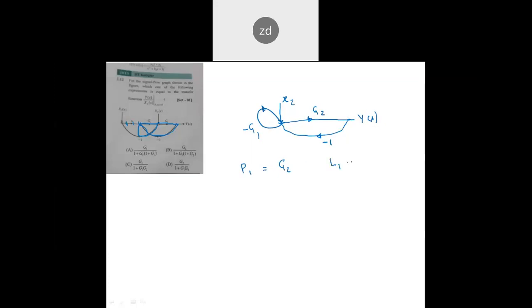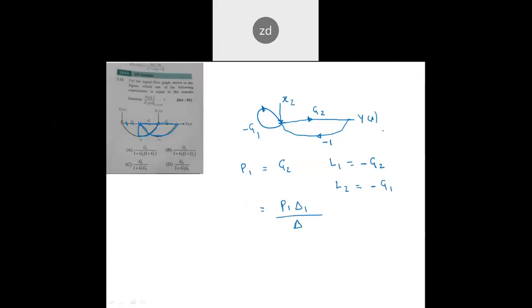Now loops, there are two loops. One loop is this one, that is minus g2. Another is the self loop, that is loop 2, that is minus g1, and all the loops are touching everything. So again apply Mason's gain formula, p1 del 1 by del.